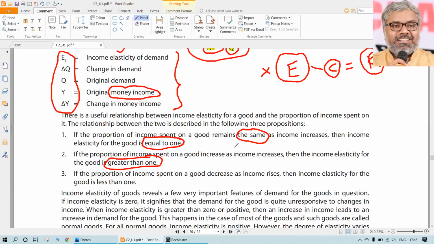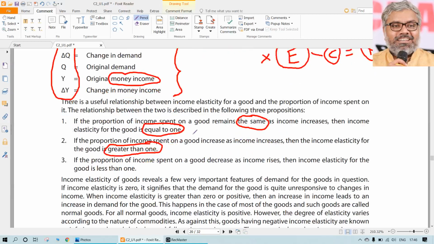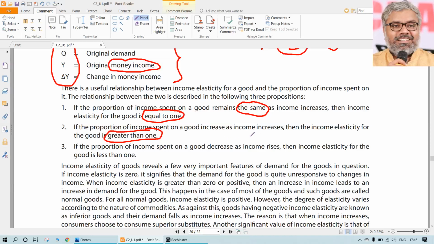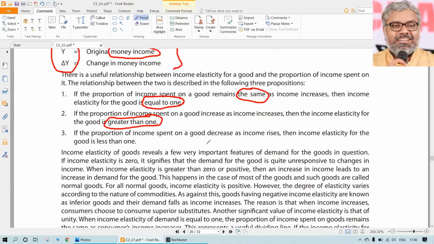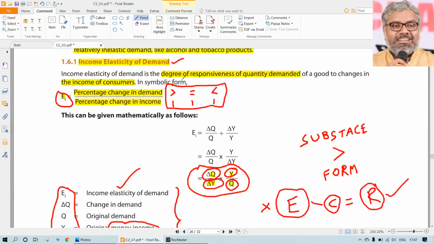So when both are in the same direction and the proportion of the income spent on the goods is increasing as and when the income is increasing, in that case income elasticity is considered as greater than 1. What if the proportion of the income spent on the good decreases? Here it was increasing as the income increasing. Here it is decreasing as the income is increasing. In that case, we can say the income elasticity is less than 1. That is exactly the 3 possibilities we have.